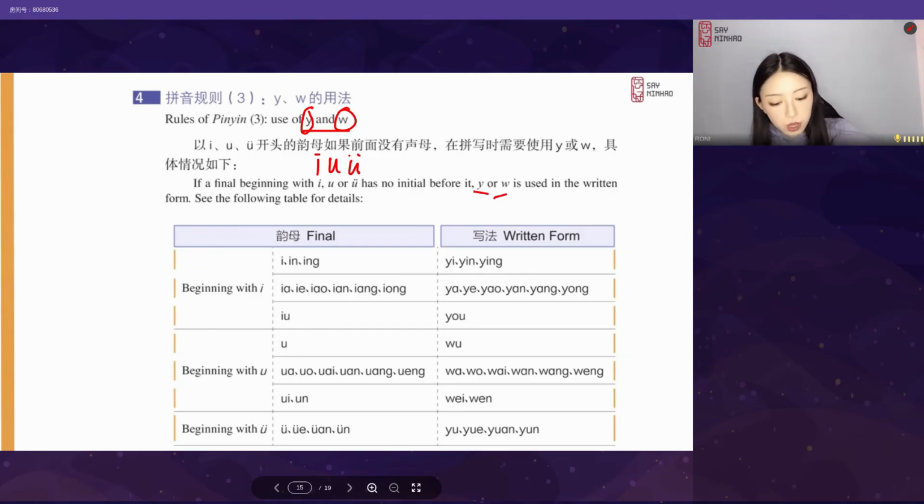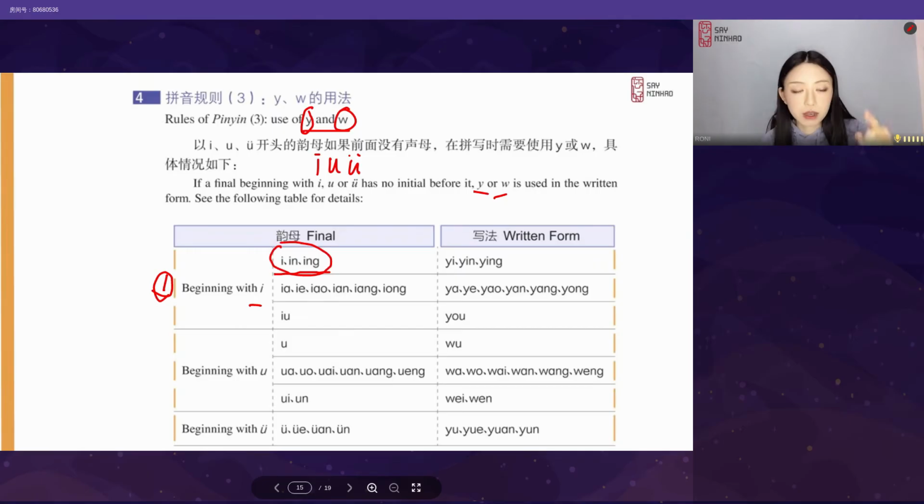For example, first situation, when the final begins with i, and here, i, in, and ing, these three finals all begin with i, right? We will write it as this. We just put this initial before it. For example, for this character, yī, it means one, right?